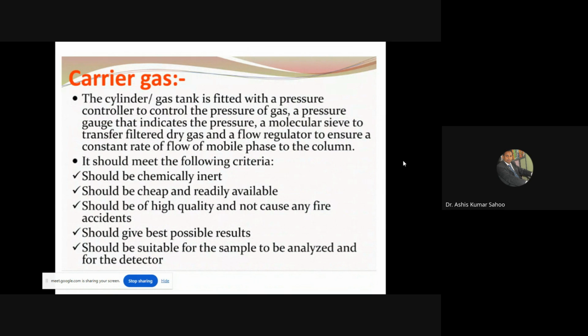A carrier gas should be chemically inert, cheap, readily available, of high quality, and not cause any fire accident, so that it can give the best possible result. These are the different characteristics of a carrier gas.